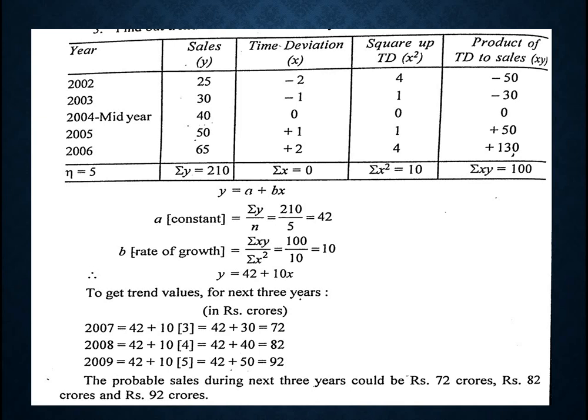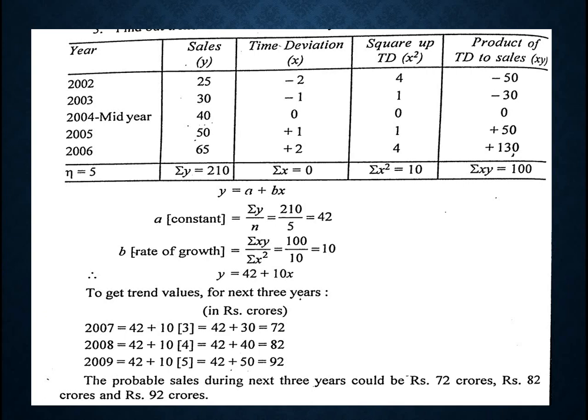If more years were there, for example 2007, 2008, it would continue: plus 3, plus 4, like that. And if the years were 2000, 2001, 2002, then minus 1, minus 2, minus 3, minus 4, the values would increase. This is how we take the values. The midpoint is 0, above the mid value minus, below the mid value plus.